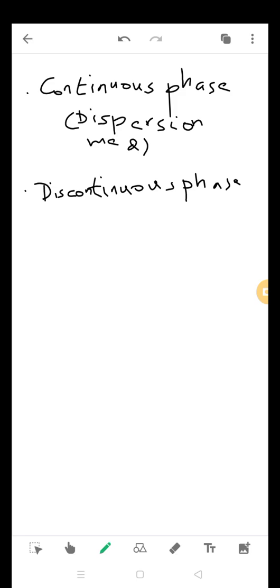It is called the dispersed medium. As I have told you, the dimension should be between 1 nanometer and 1 micrometer.